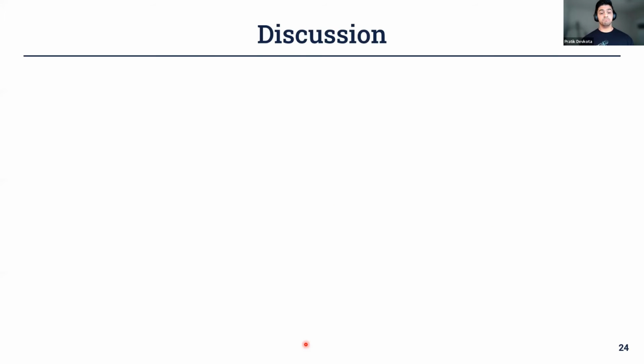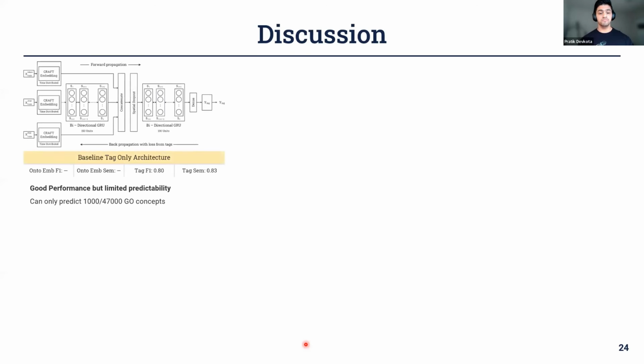Let's discuss the result a little more. For the baseline tag-only architecture, the tag prediction had good accuracy, but had limited predictability. What do I mean by limited predictability? Well, in this case, the training data set that we have used has annotations for about 1,000 unique gene ontology concepts.